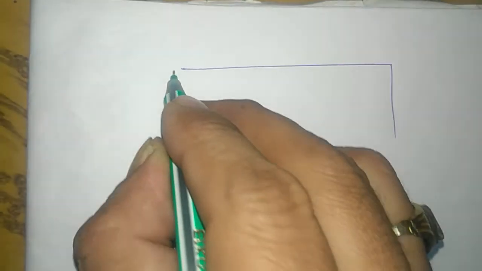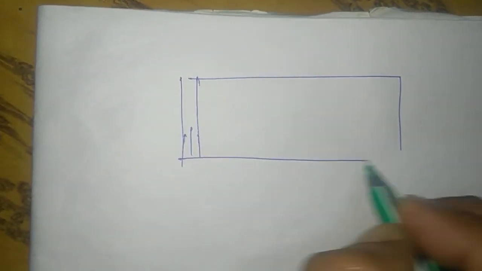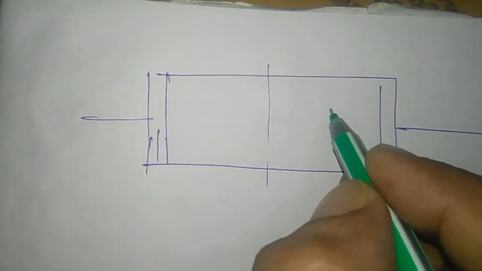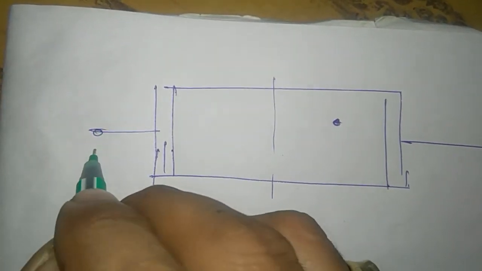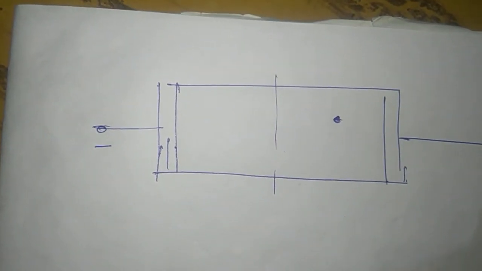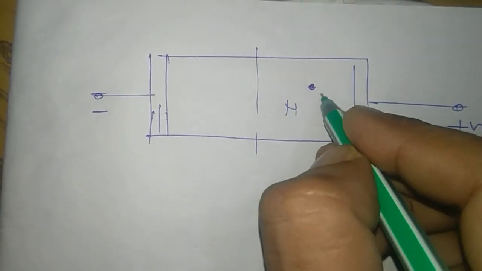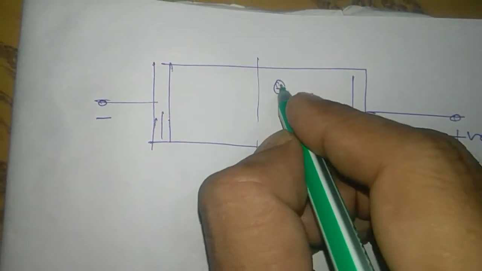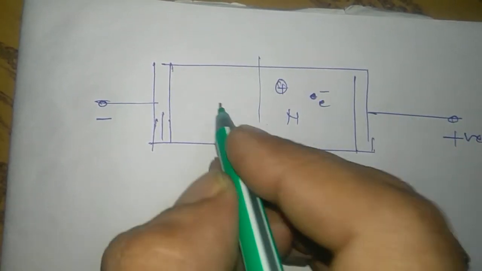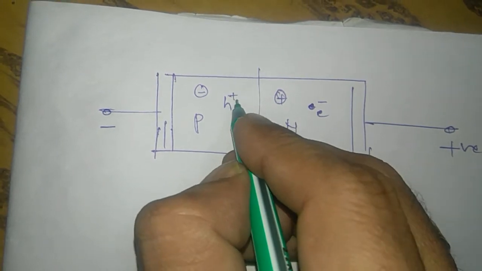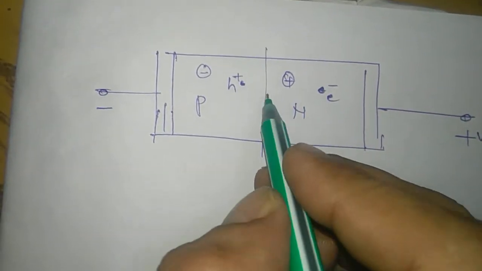Now I will tell you about the reverse biased diode. In reverse biased diode, this is negative and this is positive, and in the N region this is positive and electron negative, and this is negative and hole positive. Now what will happen?